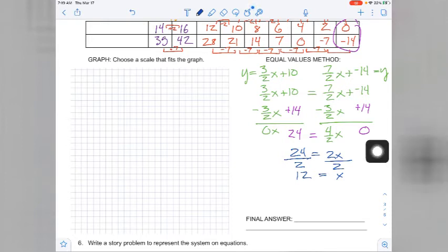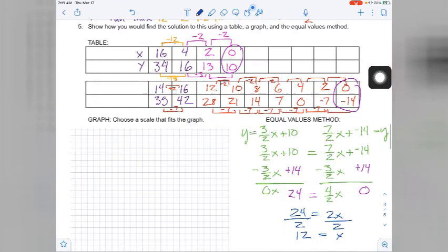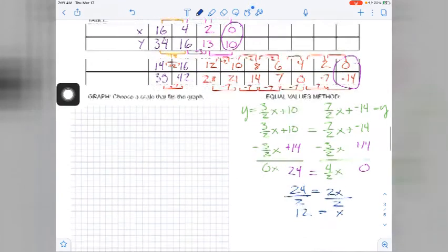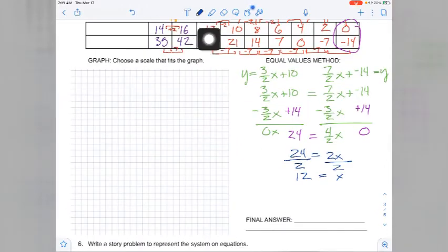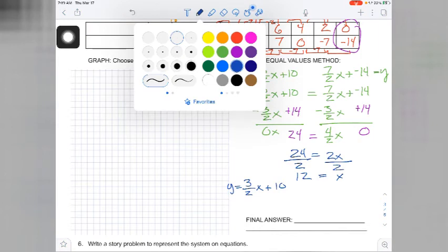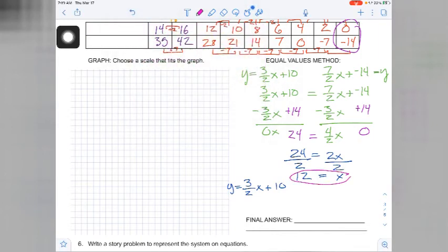So now I know that they are going to intersect when x is 12. In my table, I already have part of my point of intersection there. I bet I'm going to come up with 28 when I put these in. So we take our original rule, y equals 3/2 x plus 10, and put the x value right in there.